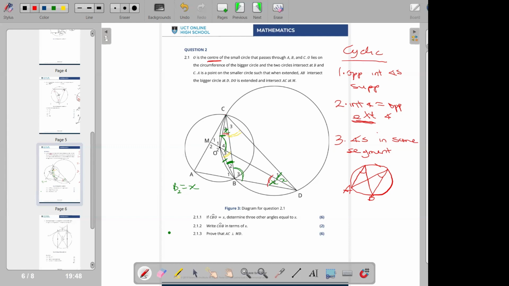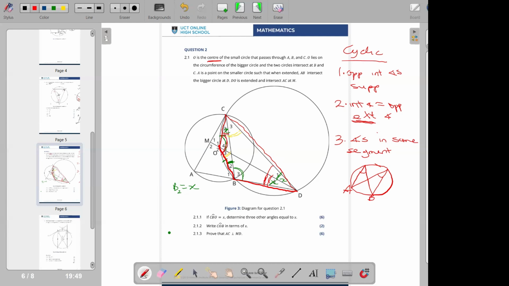We are seeing C to O, then O to B, then B to D, then D to C. So you say the whole of angle D, which is CDB, is opposite to this angle COB, which you are asked.